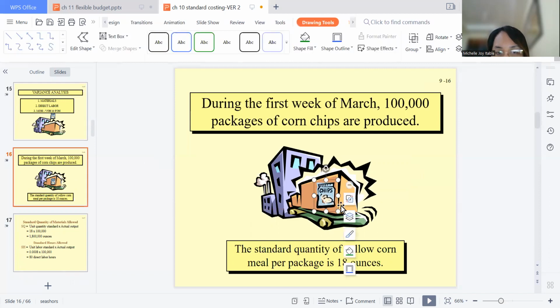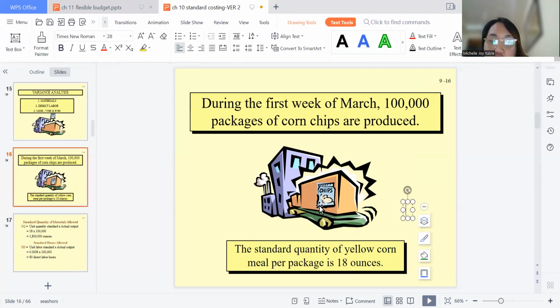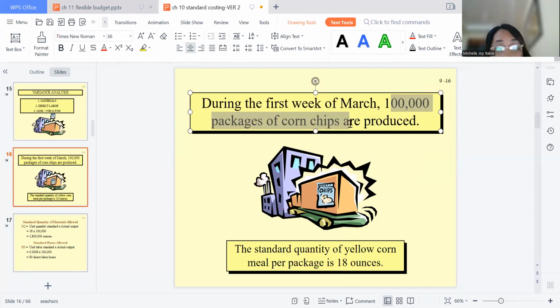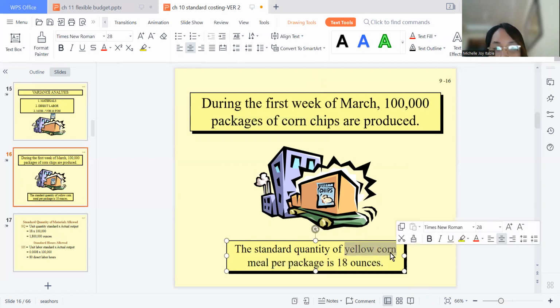So for example, in this organization, we are creating chips. During the first week of March, the firm produced 100,000 packages of corn chips. Oh, delicious, that made me hungry. Corn chips. And then the standard quantity of yellow corn meal per package, since this is our main direct material, the corn, is 18 ounces.